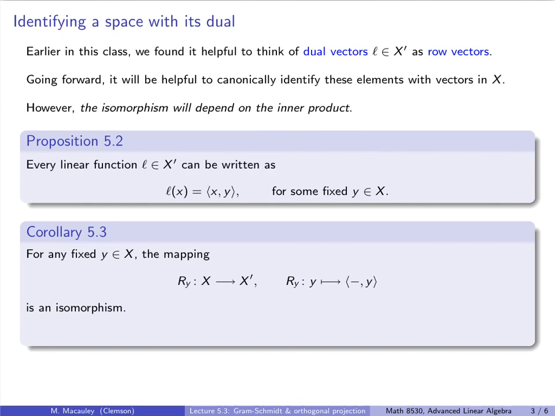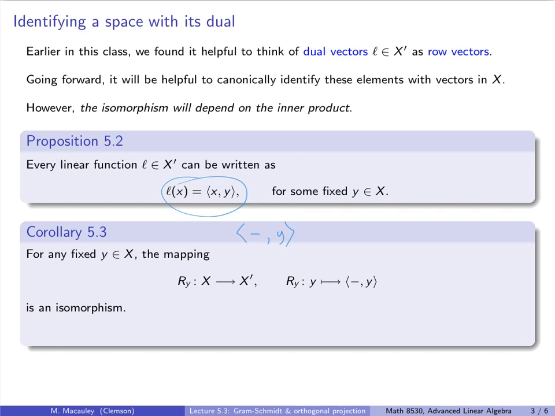As a corollary, for any fixed y, there's a canonical isomorphism that takes the vector y to the linear scalar function that I just described up above here. So I will write this function as just blank dot y.